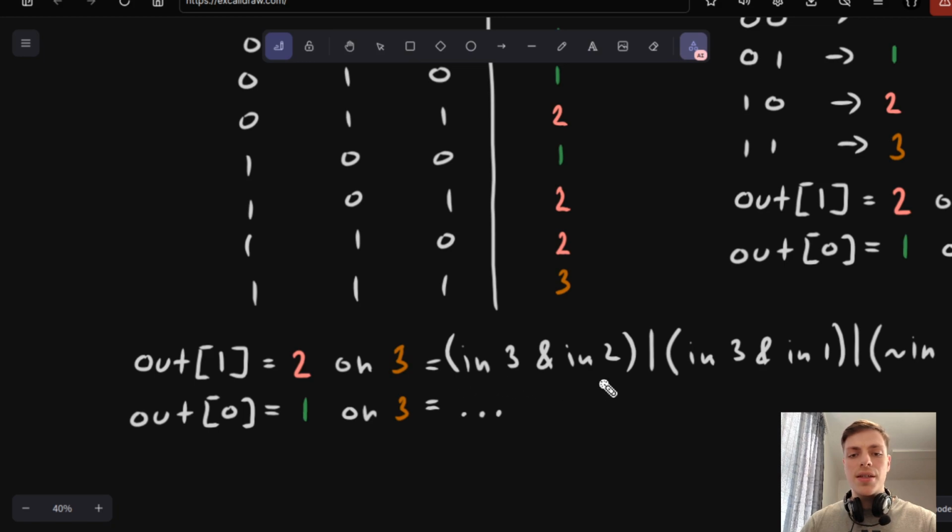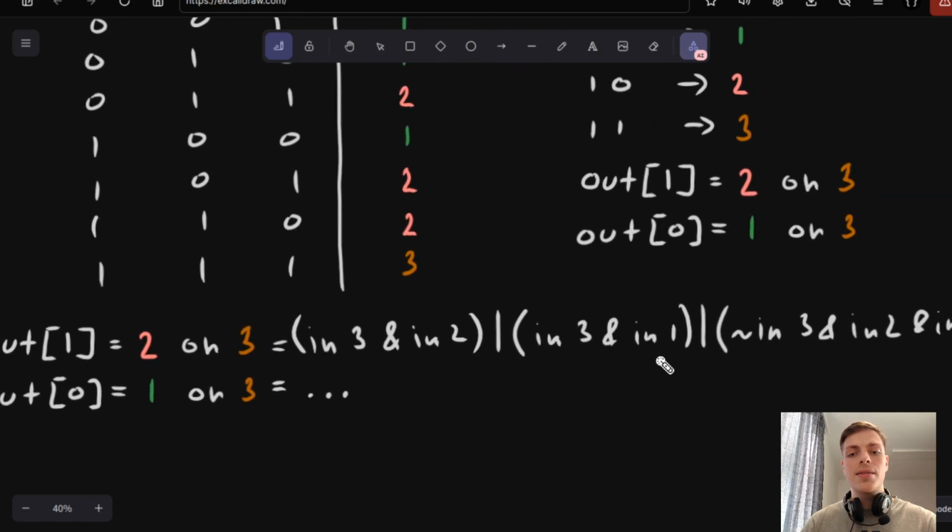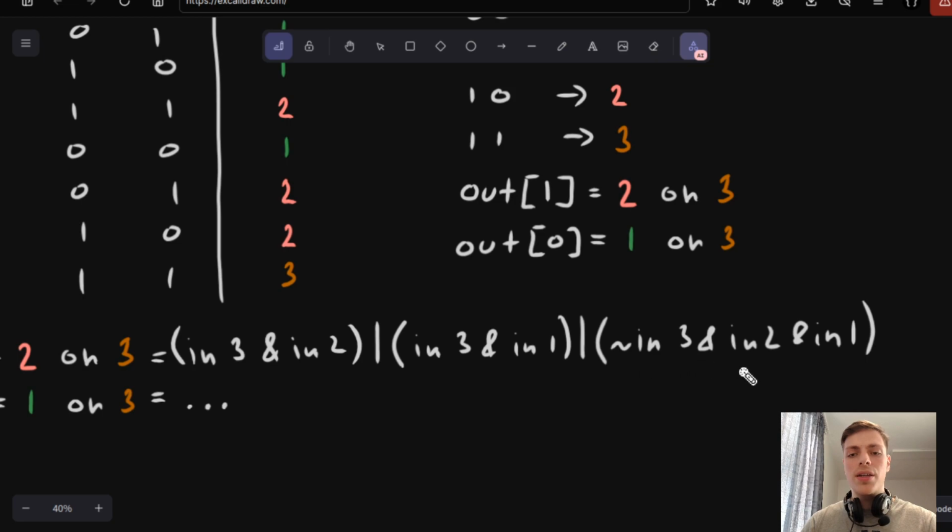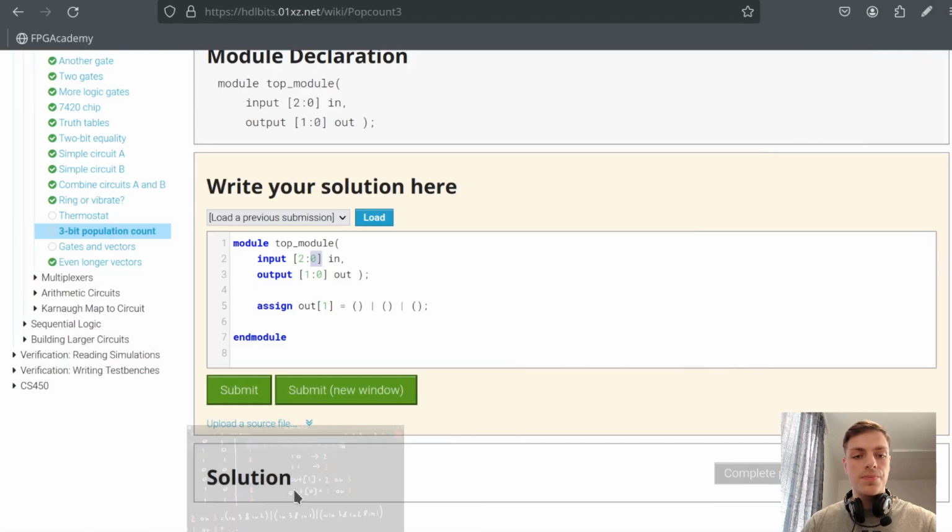So in3 and in2, or in3 and in1, or not in3 and in2 and in1. So in3 and in2, and I'll copy this, or in3 and in0, and this has to be 2, and this has to be 1 and 2. And the final one will be and in1, and this will be not.